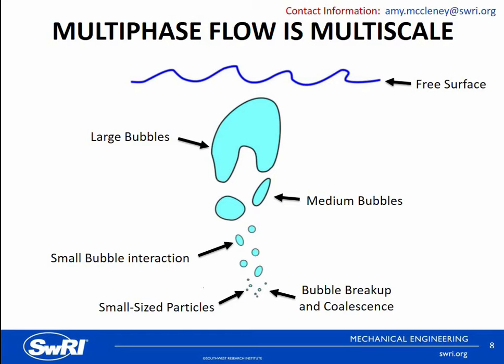And then you have the microscale, the small scales, where you have the motion or interaction of small particles. Again, these all add to the complexity of modeling multi-phase flow, because currently there's not really one model that can resolve all of these things. It actually takes the right combination of multiple models to accurately capture the physics you're trying to recreate.